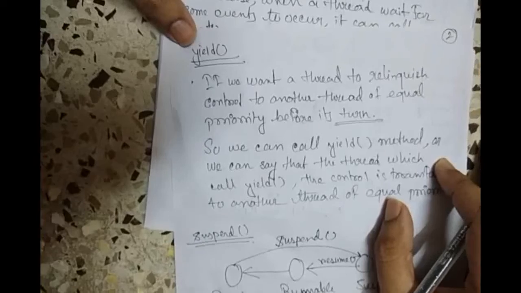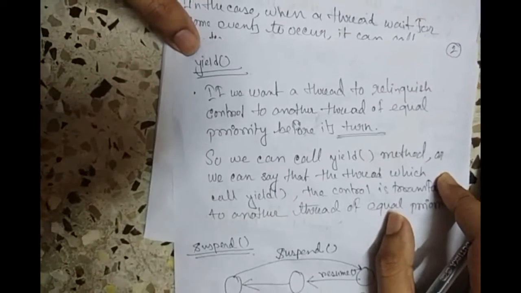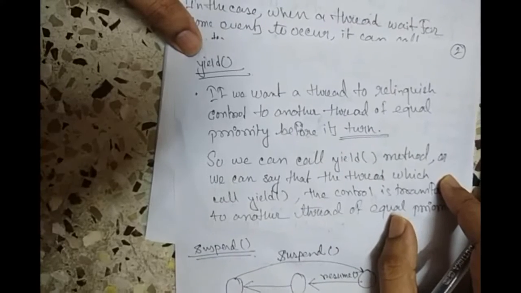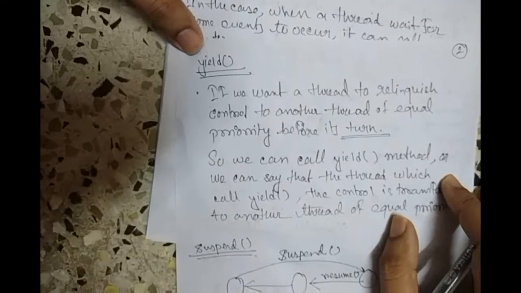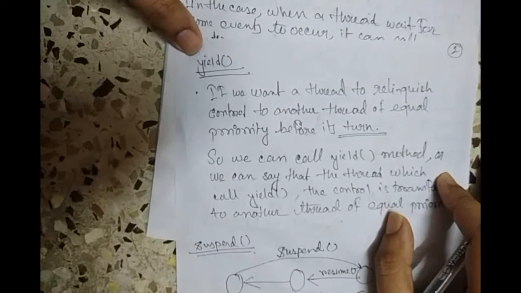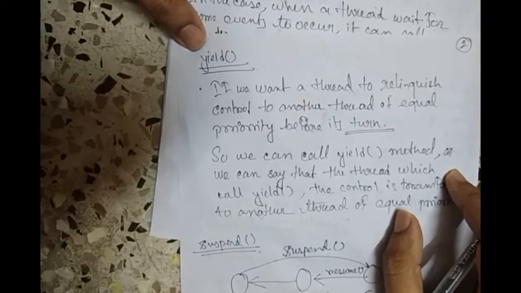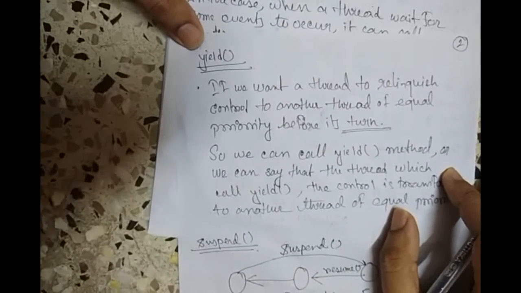That means whenever a thread calls yield, it requests the CPU to release its execution and give a chance to other threads of equal priority.